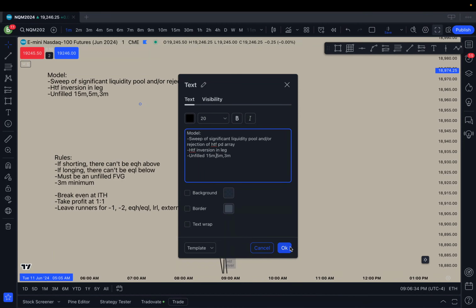But you'll often see you'll get the best risk and take trades most of the time with an unfilled 15 minute, because this is the best risk. You're not going to get that good of a risk with a 3 minute or a 5 minute. It's usually going to be 1-to-1. With unfilled 15 minutes and hourlies, you're going to have a much higher risk to reward and a much better trade.